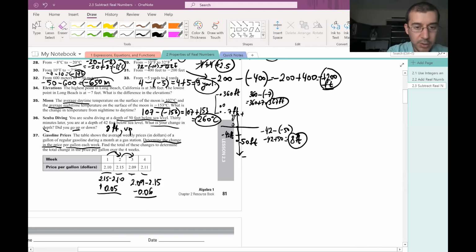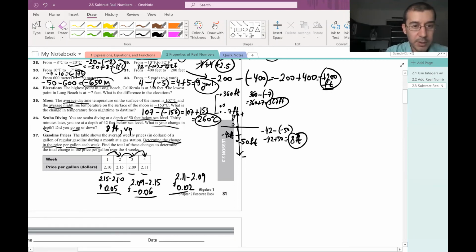That's the change between week 2 and week 3. And then the change from week 3 to week 4 is 2.11 minus 2.09, or this is $0.02. These are dollars.